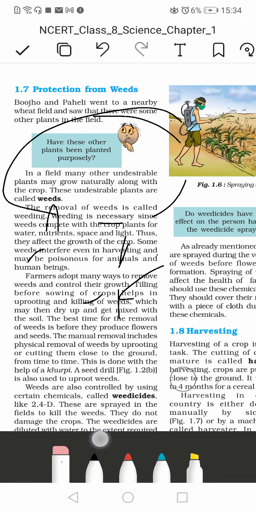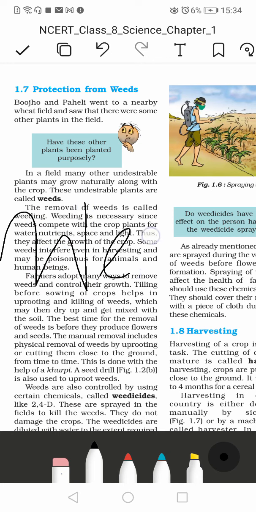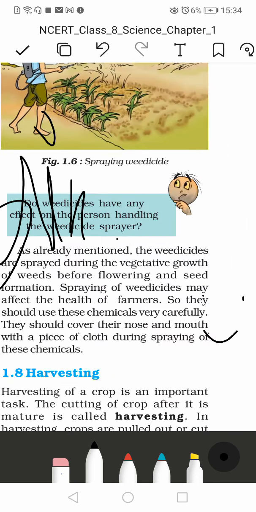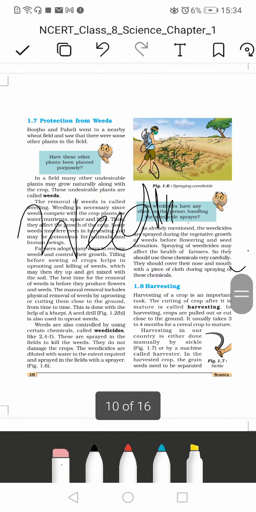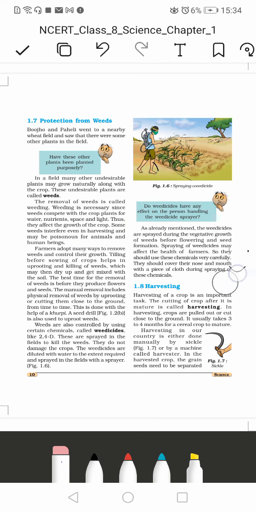Alright, let's move on. The removal of weeds is called weeding. That is the definition of weeding. In your exam it can come for 1 mark or half a mark: define the following. What is weeding? What is manuring? What is photosynthesis? So it can all come.